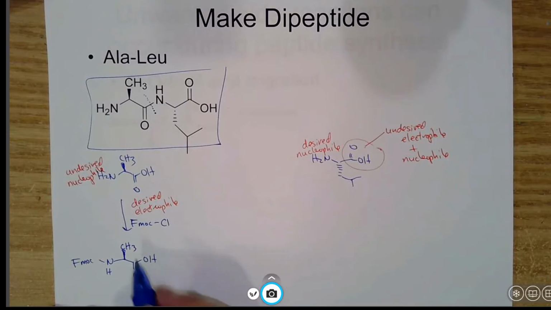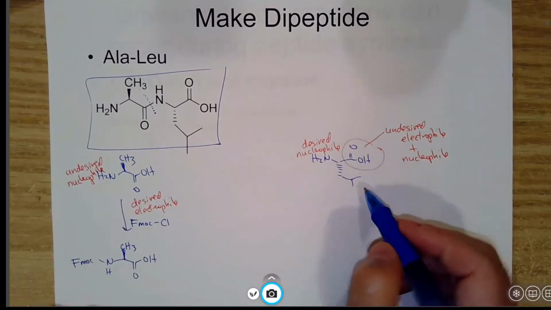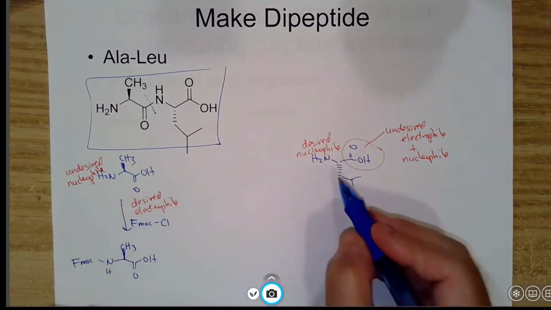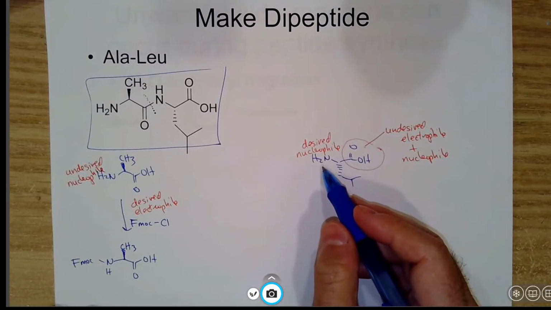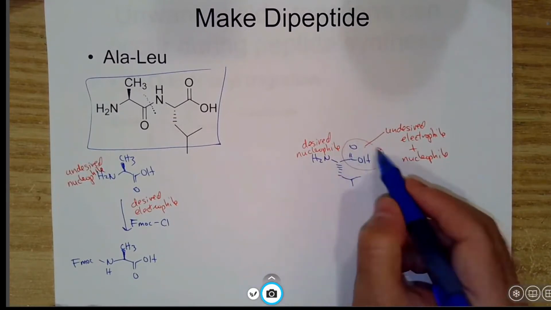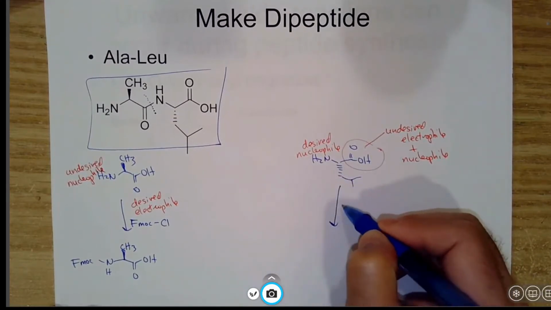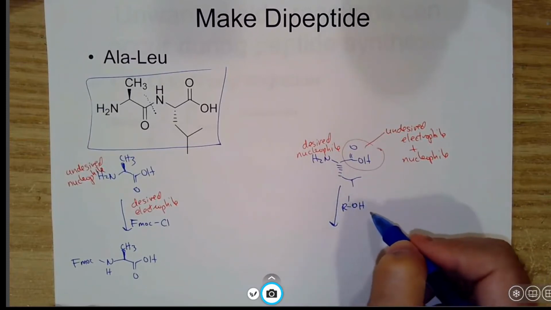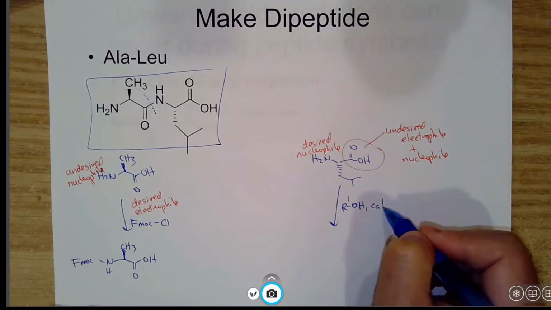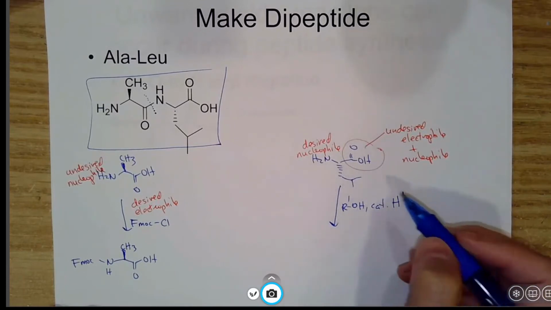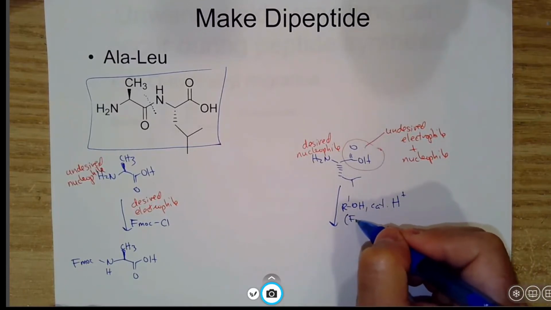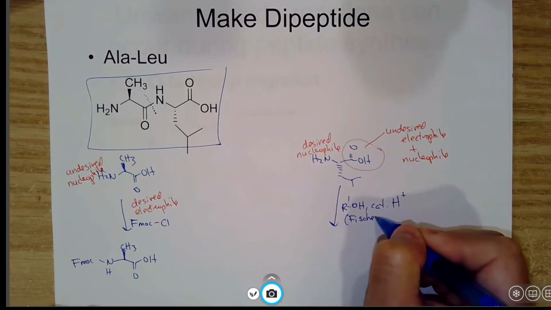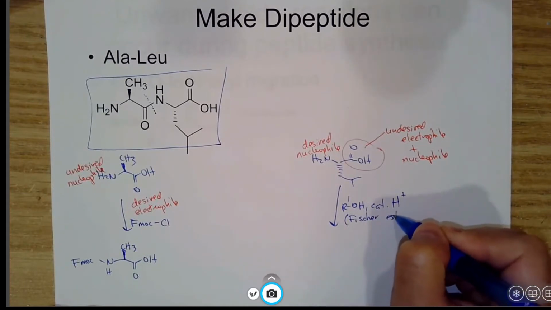All right, so we've taken care of the undesired nucleophile on alanine. With the lysine part, we don't want to touch the amine part, but we need to protect the carboxylic acid. So what we're going to do is treat this with an alcohol, and we're going to use catalytic protons, and we're going to do something called Fischer esterification, which is a type of esterification that you learned in second year organic chemistry.